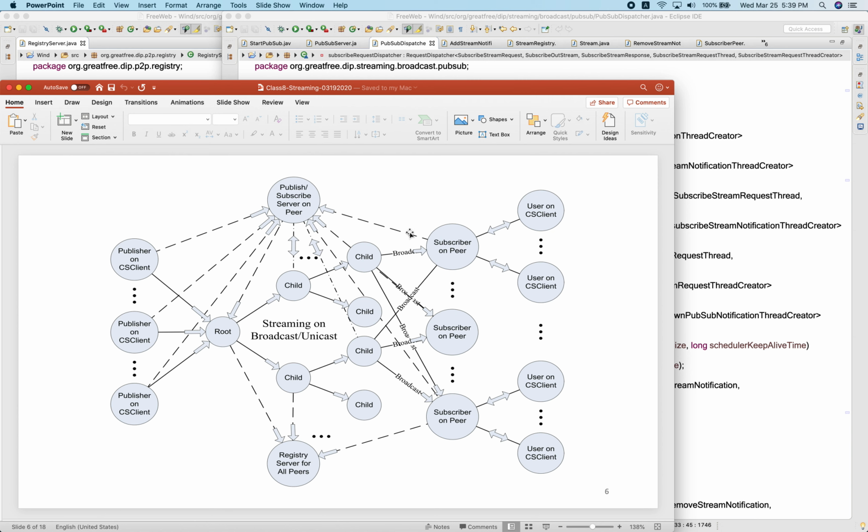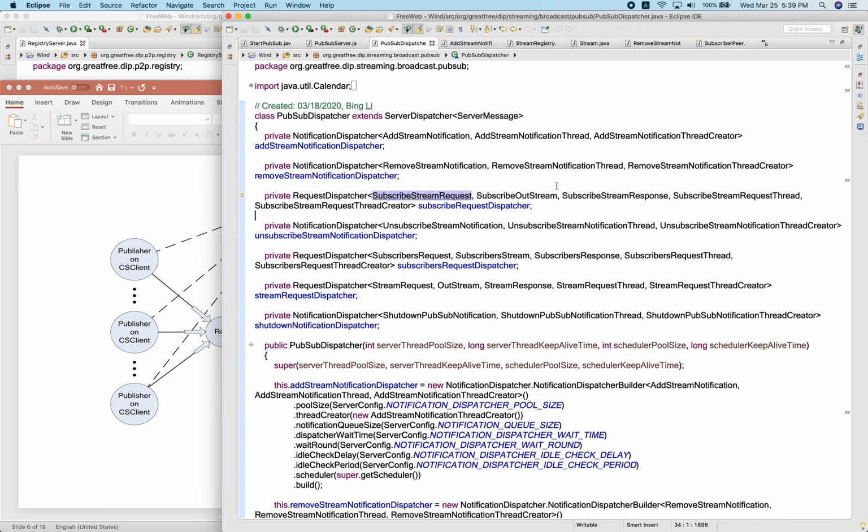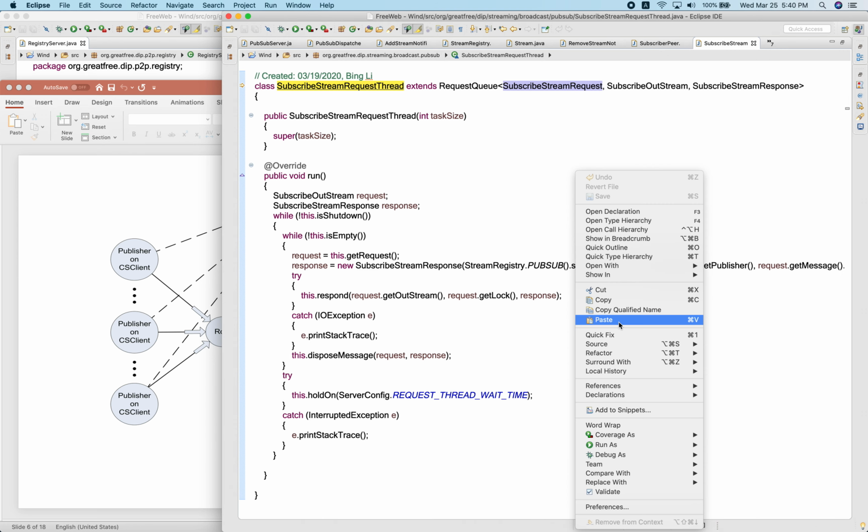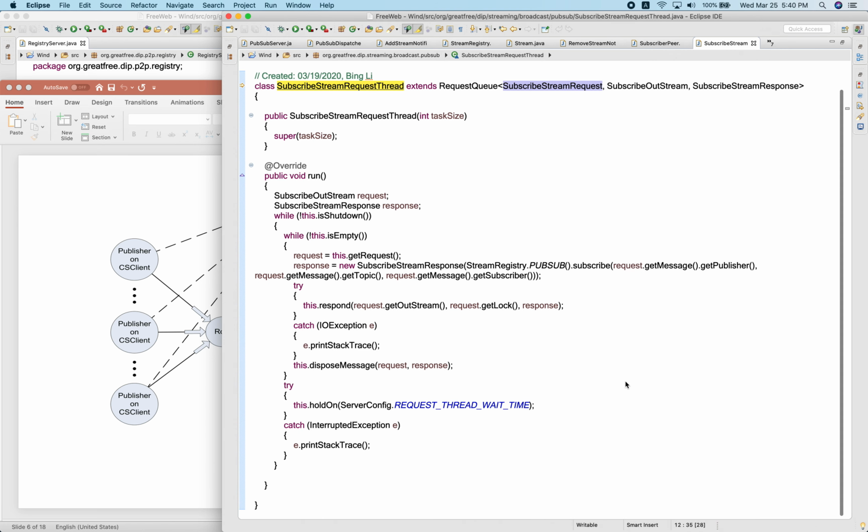So the publisher needs to add a stream or remove a stream. The subscriber needs to subscribe to one stream. Okay, so this is the data sent from the subscriber. After such a request is received, then what else? Then you can take a look at this.